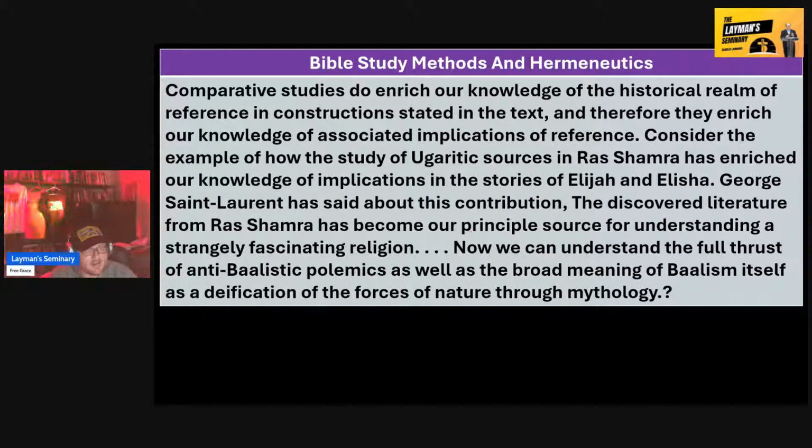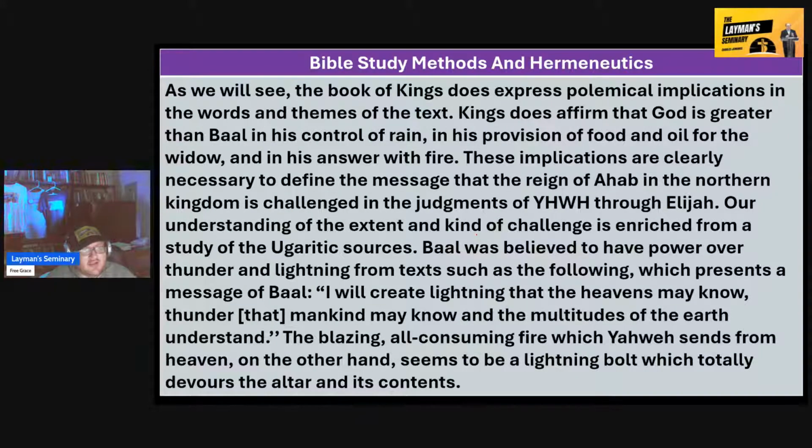George St. Laurent has said about this contribution, the discovered literature from Ras Shamra has become our principal source for understanding a strangely fascinating religion. Now we can understand the full thrust of anti-Baalistic polemics, as well as the broad meaning of Baalism itself as deification of the forces of nature through mythology. As we will see, the Book of Kings does express polemical implications in the words and themes of the text.